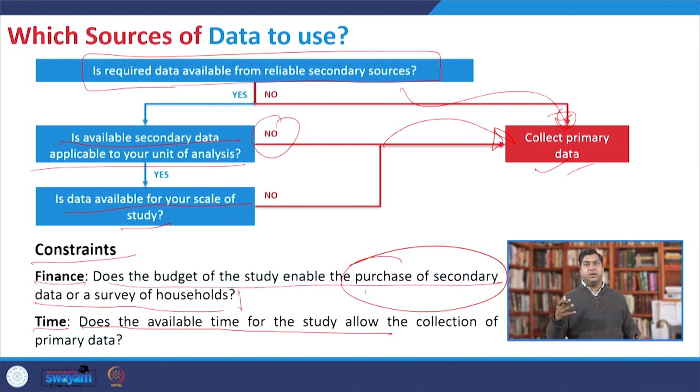It can add certain value, but it is not mandatory. In such cases, you look at the time and also the cost. If with the existing information you can bring out the findings you intend, then probably you will not go for primary data collection. Purchase of secondary data is again a concern, and then we have to look at whether the budget is there or not.